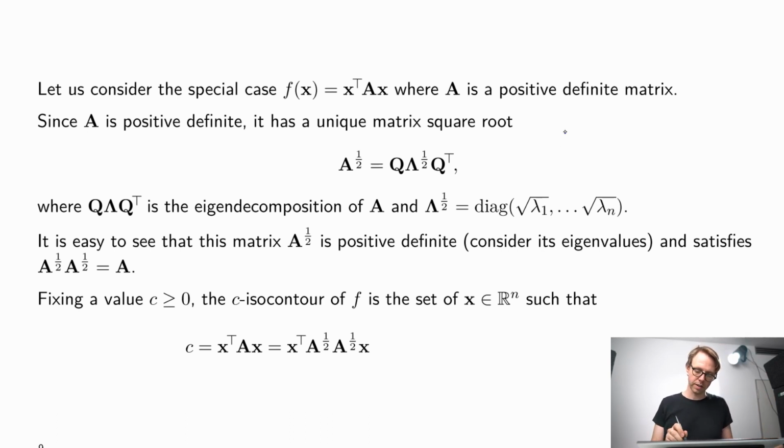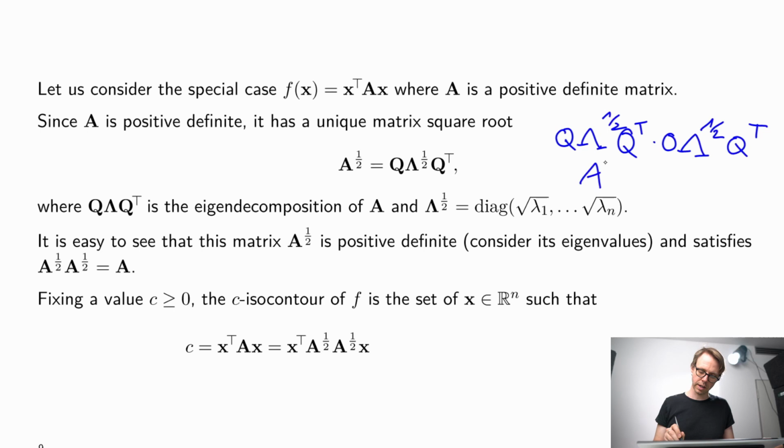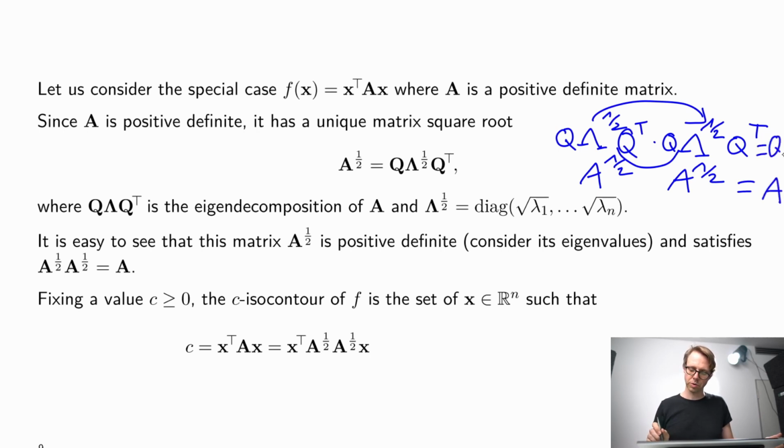Remember, if we multiply Q lambda 1/2 Q transpose by itself, because Q is an orthogonal matrix, this becomes the identity. Lambda to the 1/2 times lambda to the 1/2 becomes lambda. We get just A. So this equals Q lambda Q transpose.